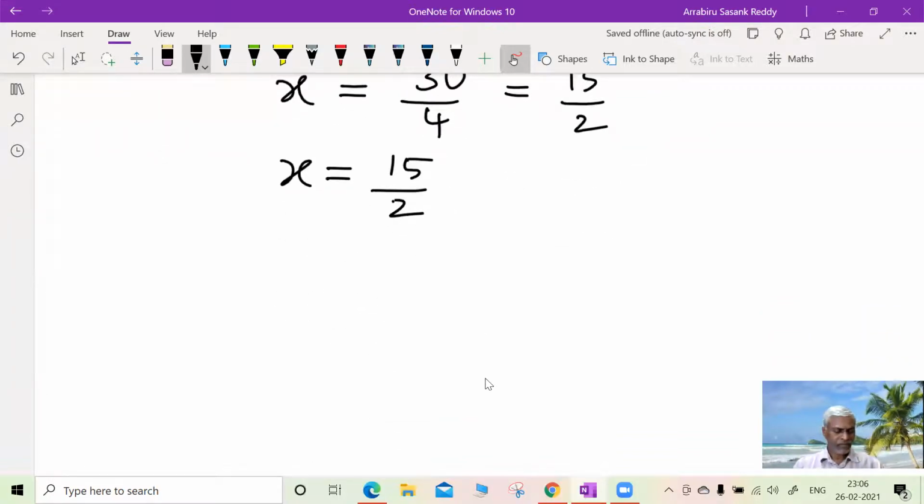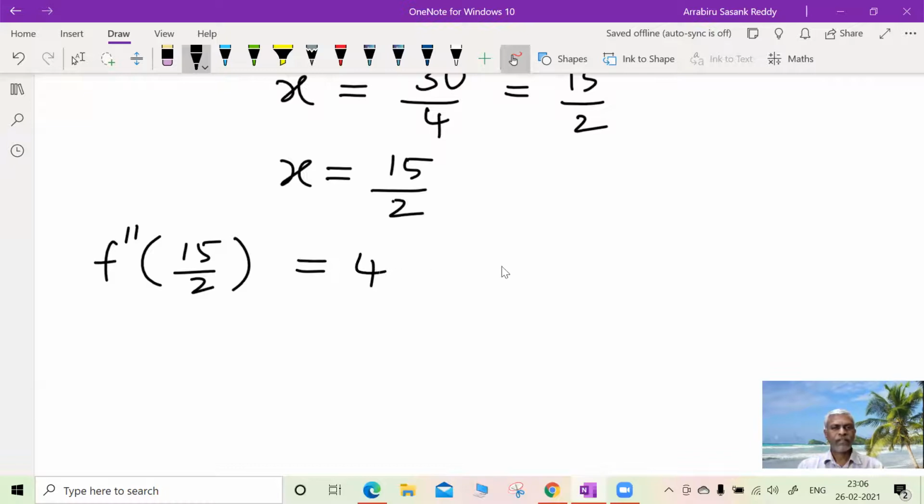The maximum or minimum is at x is equal to 15 by 2. These are the stationary points. Now f double dash at 15 by 2: since f double dash x is 4, it is a constant function.